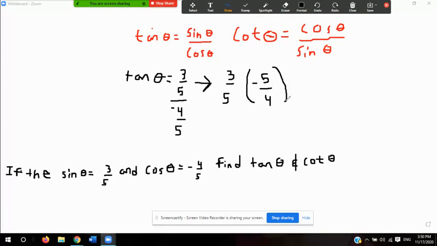When you are multiplying them, we can use cross cancellation.